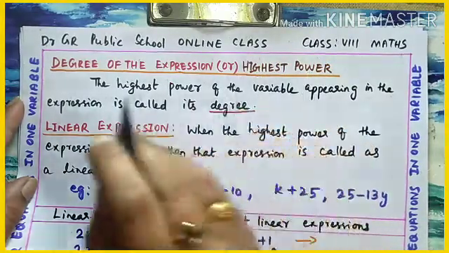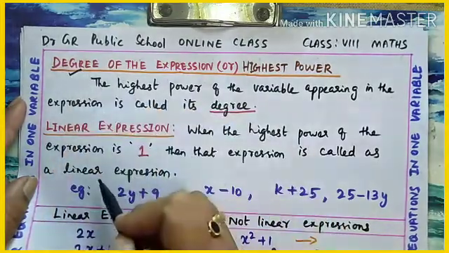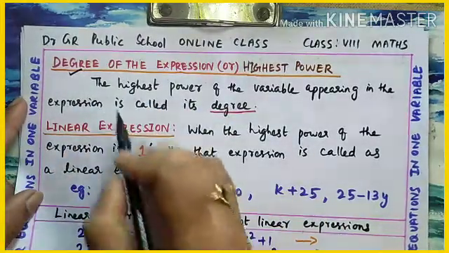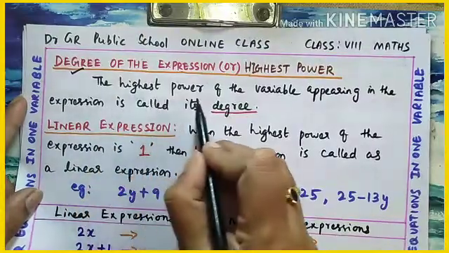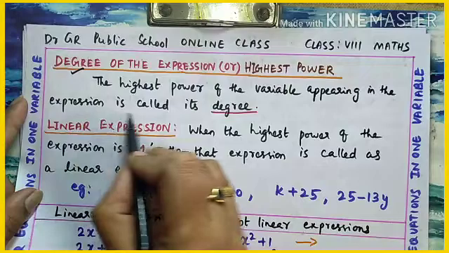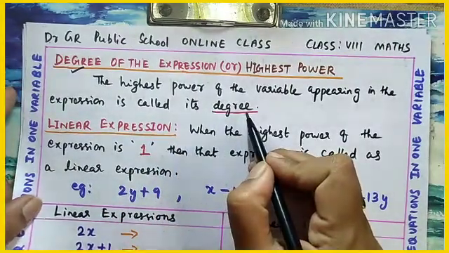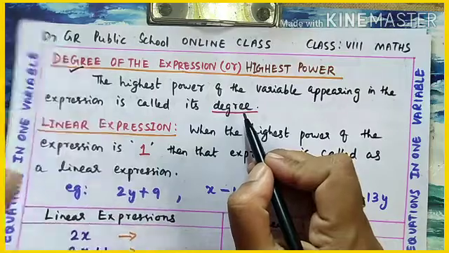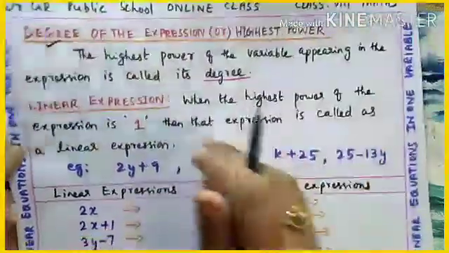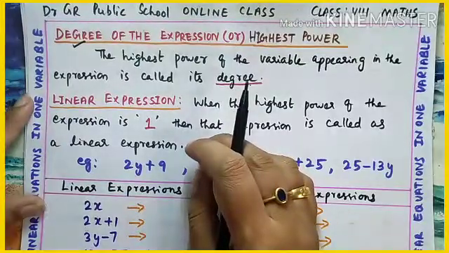In an expression, the highest power of the variable appearing in the expression is called its degree. So whenever you get an expression, you need to find its highest power, and that is the degree of the expression.